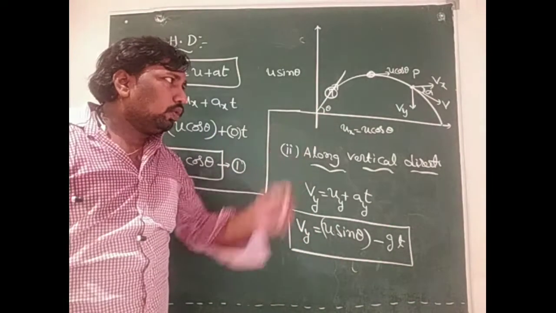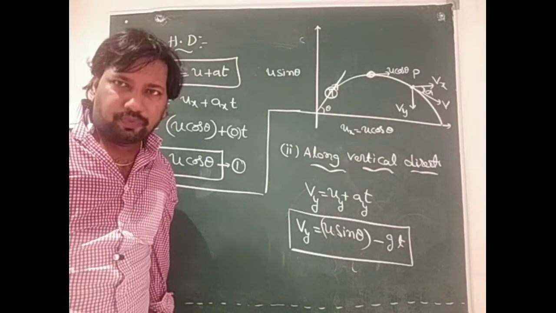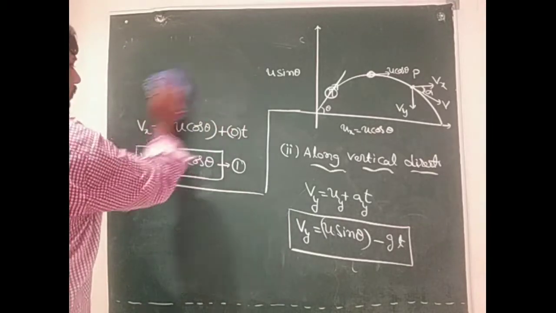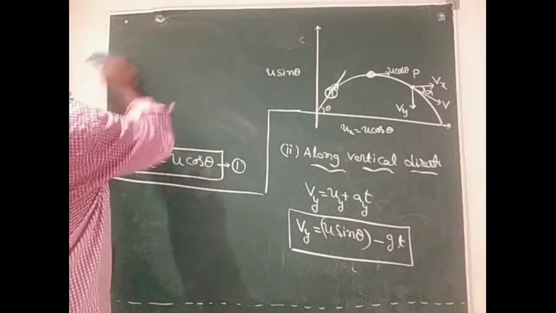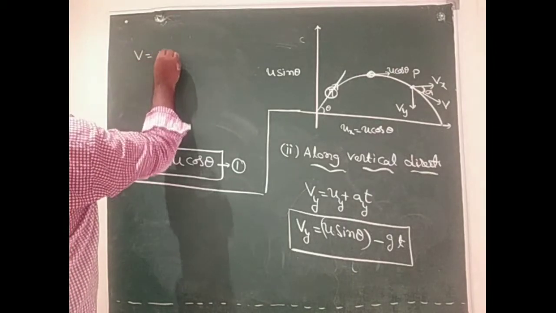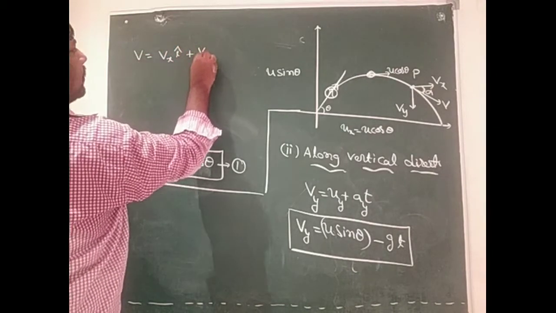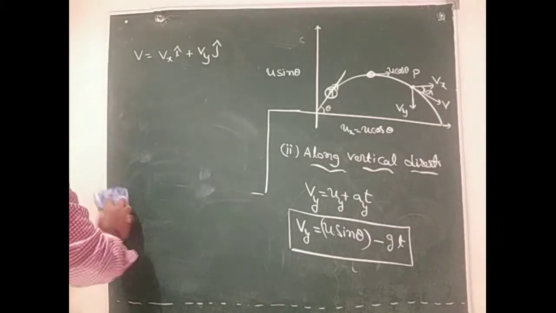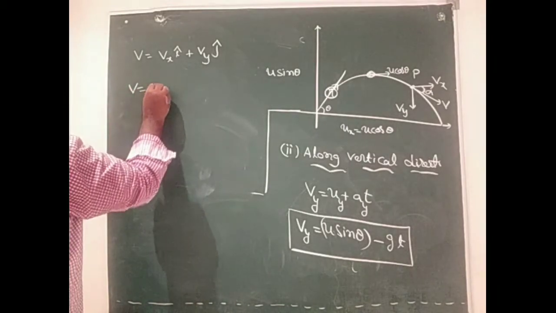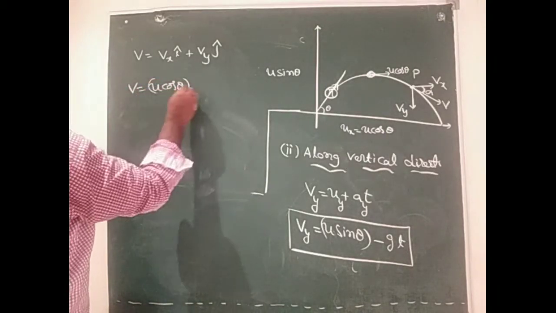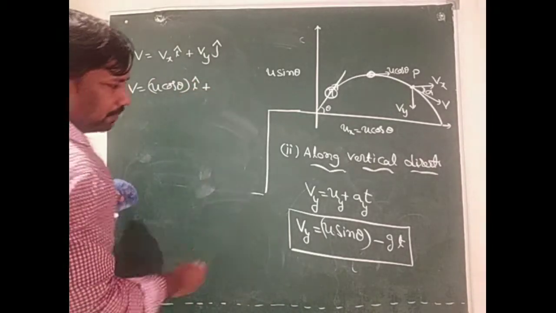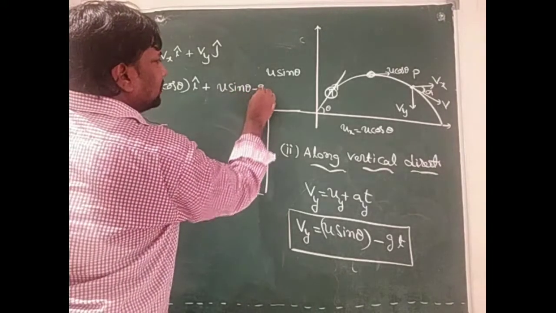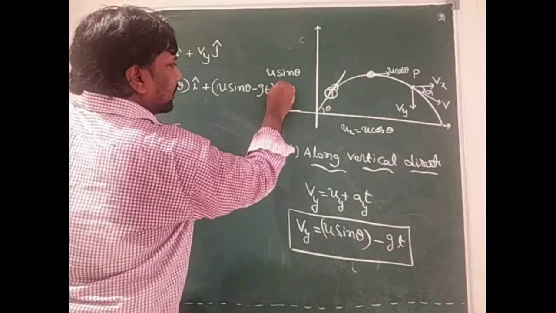Now you can find out the magnitude of the v. So therefore v equal to vx i cap plus vy j cap. So here vx means u cos theta into i cap plus vy means u sin theta minus gt into j cap.